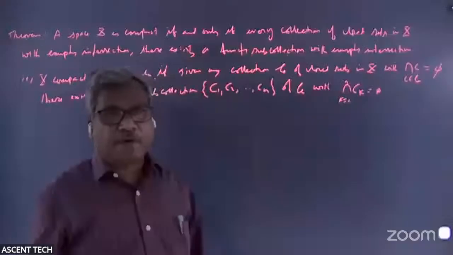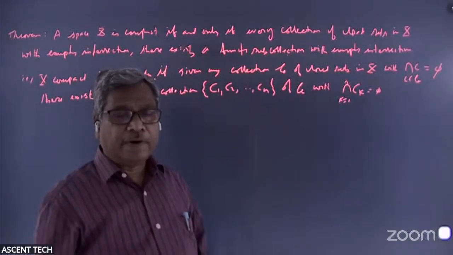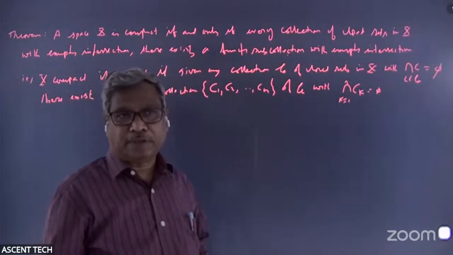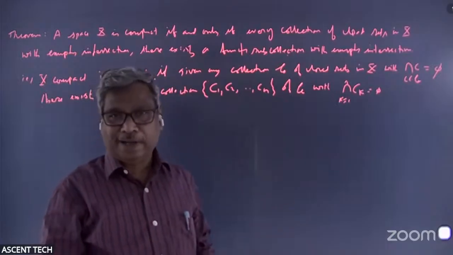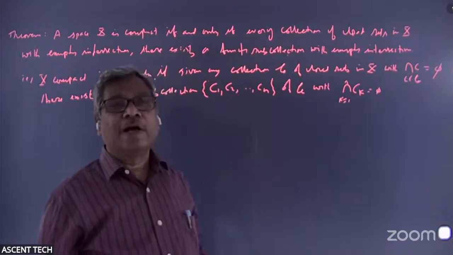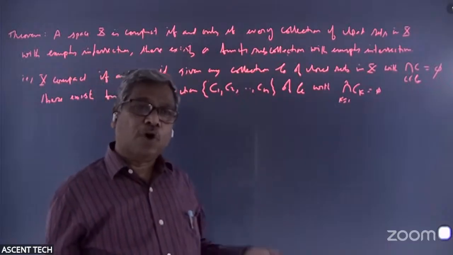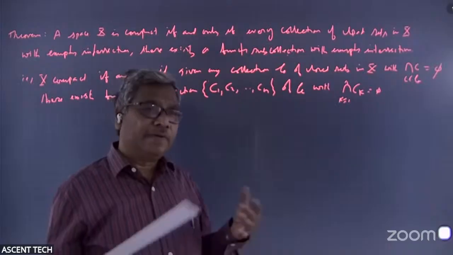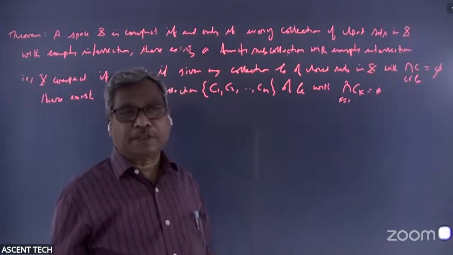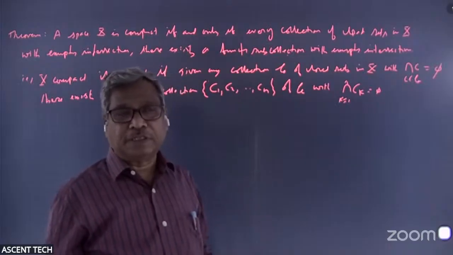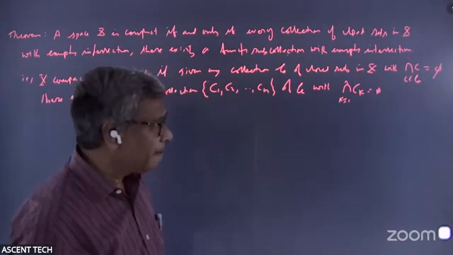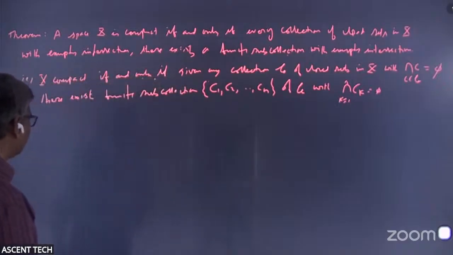Yeah. Just instead of open cover, what we are doing is taking their complements. A collection of closed sets whose intersection is empty will happen only when there is a finite subcollection amongst those closed sets whose intersection itself is empty. It follows very much from the definition.